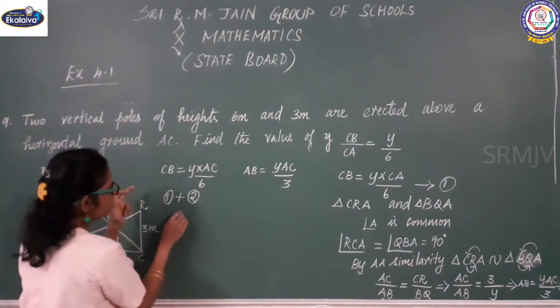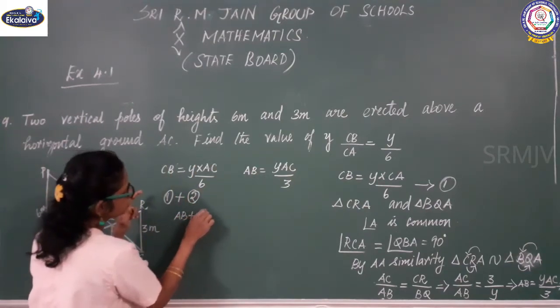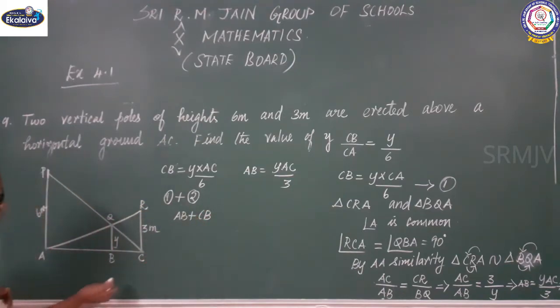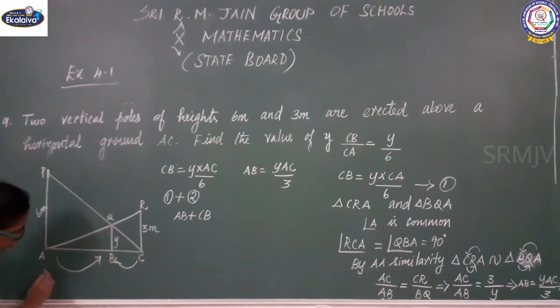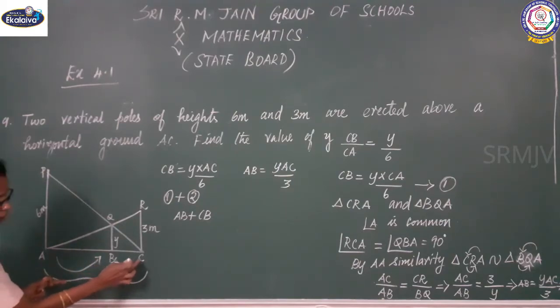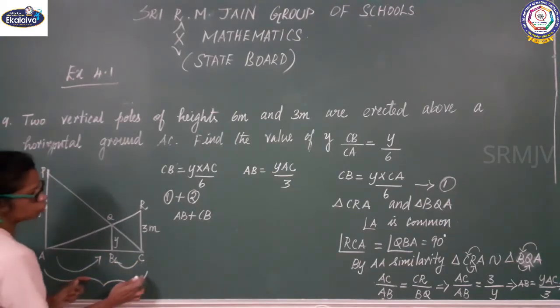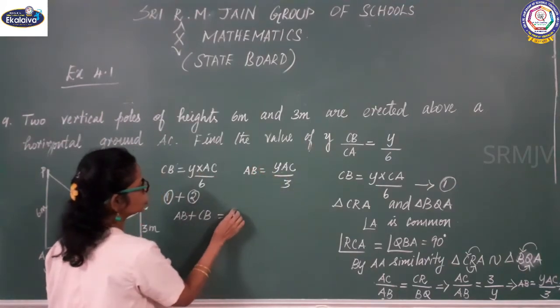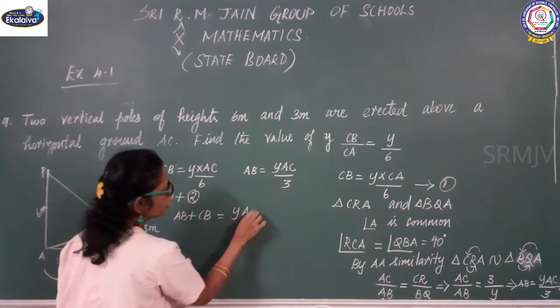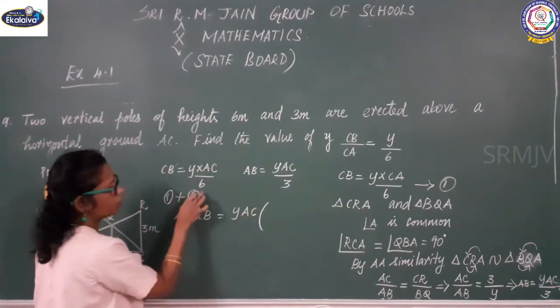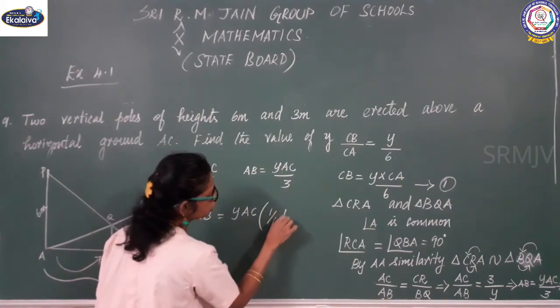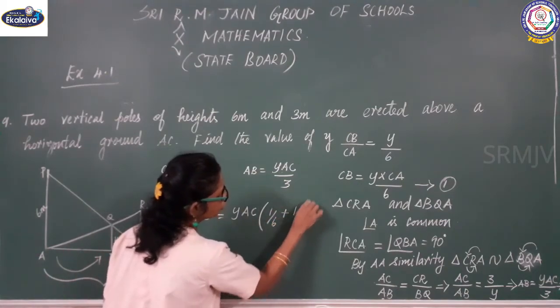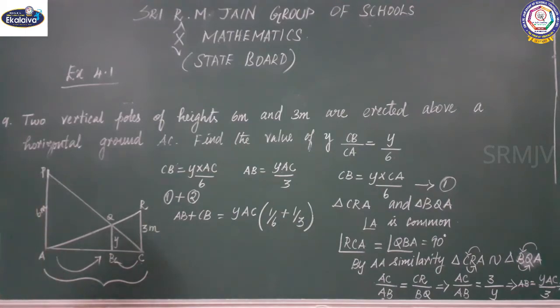Left hand side, AB plus CB, that is equal to AC, which is equal to, in both the things, Y into AC is common, the number alone should be 1 by 6 plus 1 by 3.